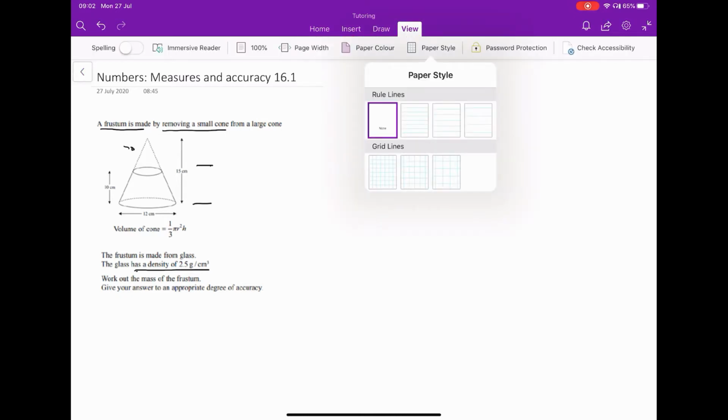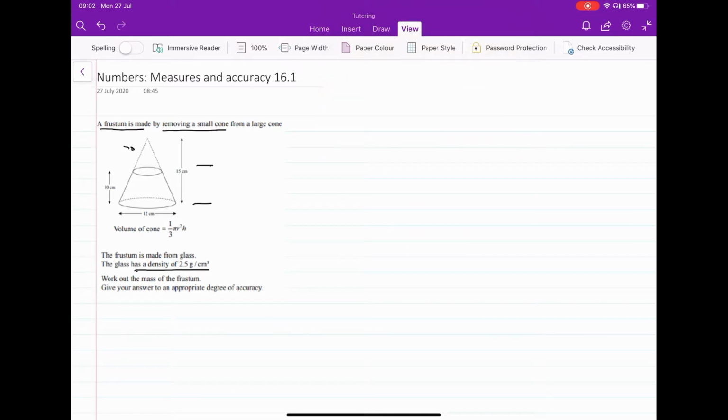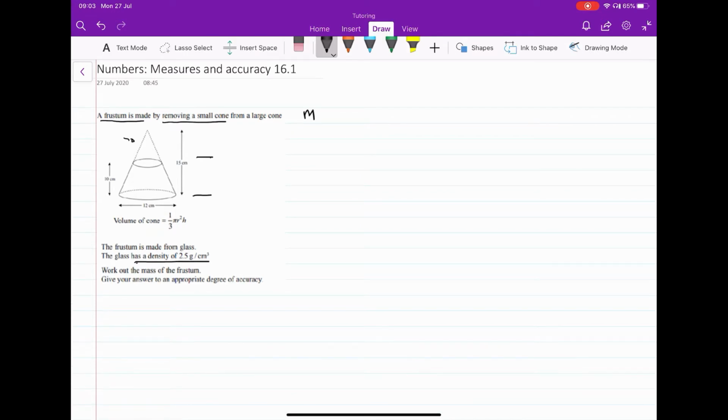Let's get some paper. So where do we start on this? The best thing on these types of questions is to start with the actual question, which is, what is the mass of the frustum? So let's start by saying MF equals the mass of the frustum.